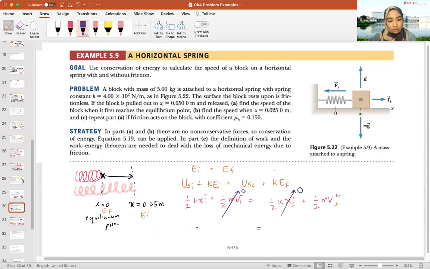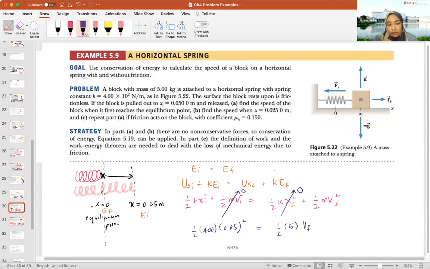Okay, so now we try to solve it. 1/2 times 400 times xi squared, where xi is 0.05. It should be in SI unit, meter. Ada orang lain nak jawab ke? Let me see. Okay, lepas tu 1/2 m, mass of the block 5 kilogram, and then V final refers to the velocity over here. This is where we defined our EF.